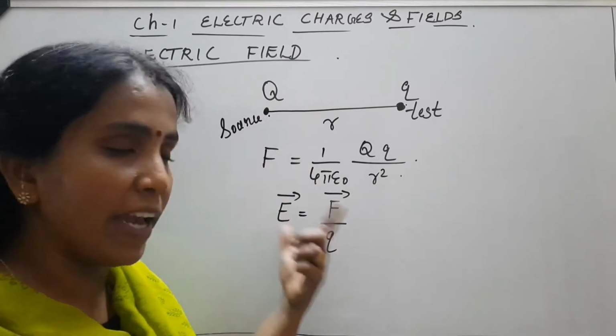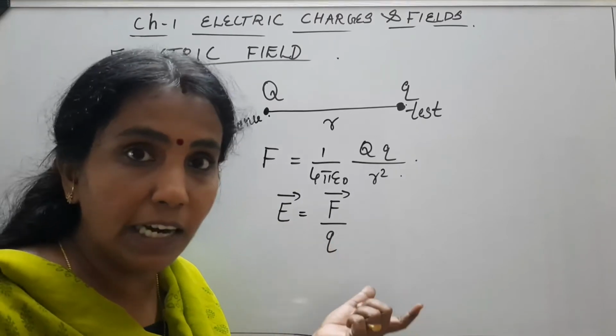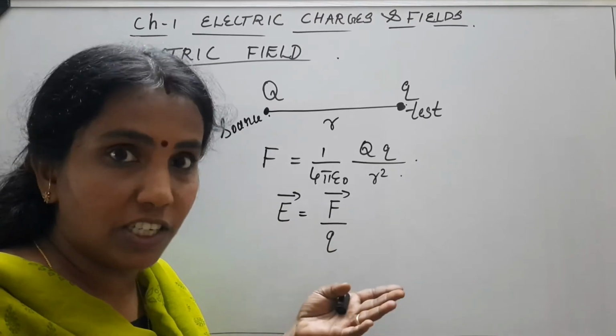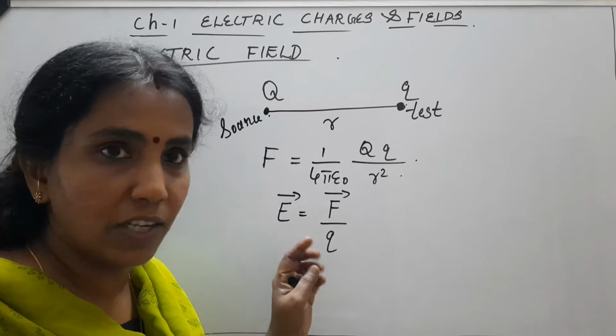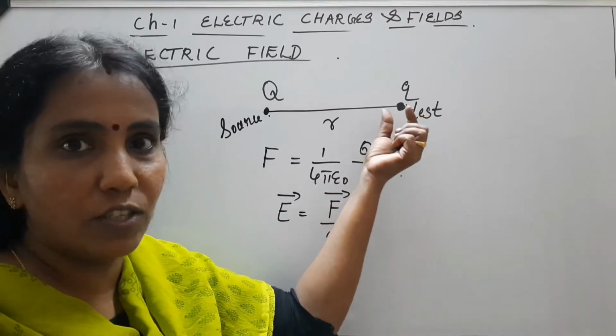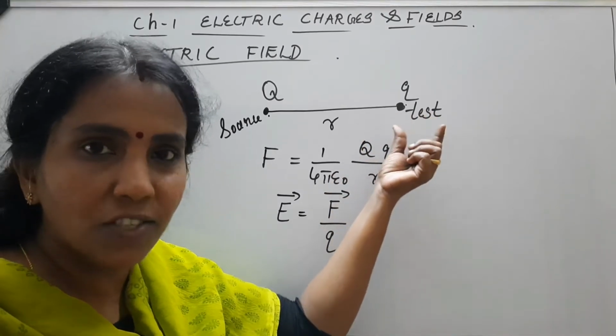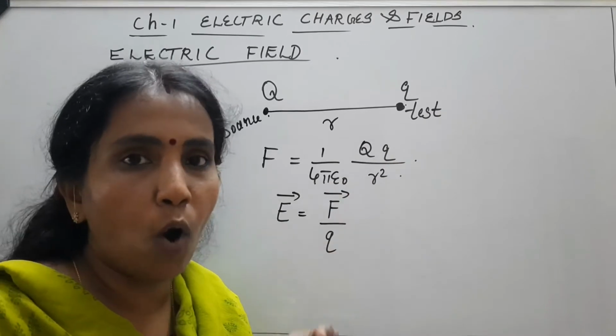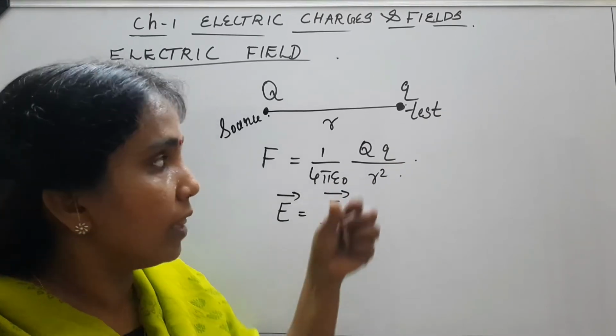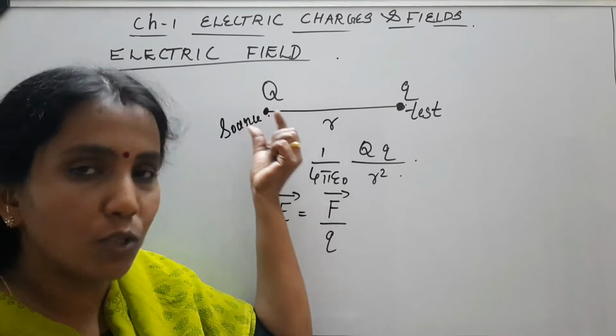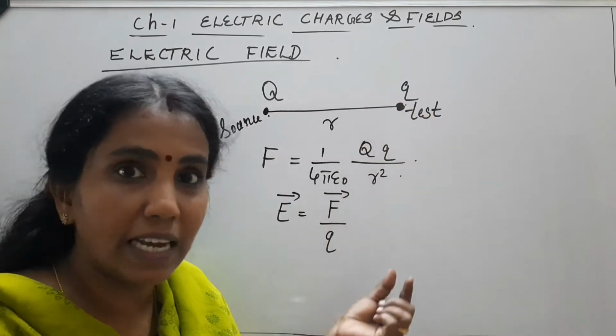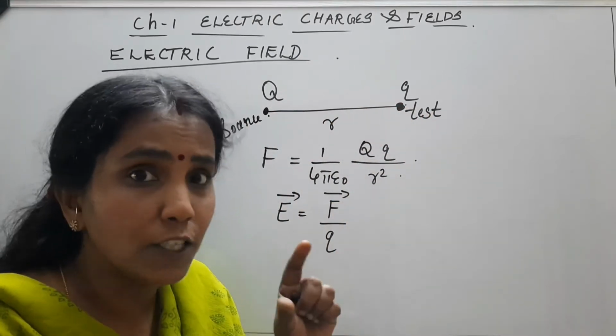So in defining the electric field, that is force per unit charge, the test charge we are bringing should be as small as possible, because the force experienced by the source charge due to this test charge should be very small.